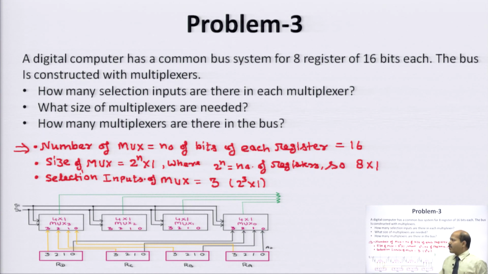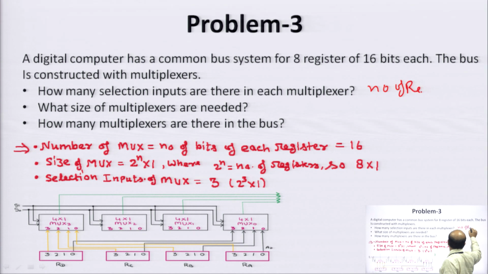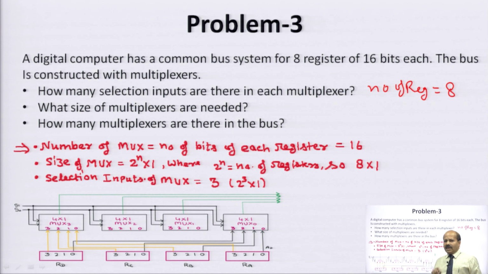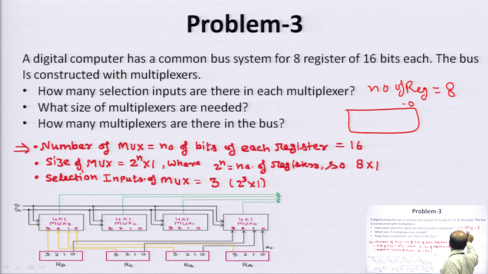So, in this particular problem, the number of registers is 8, and in each register there are 16 bits. We have to find out how many multiplexers can be used to select registers, what is the size of the multiplexer, and how many selection lines in each multiplexer are required.